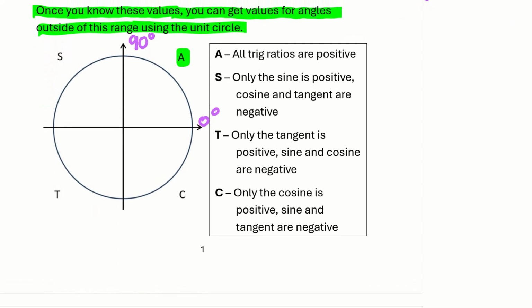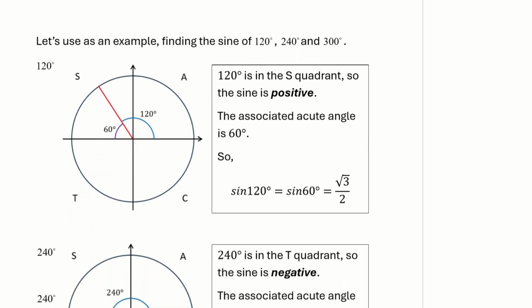When we get into the S quadrant, that's between 90 and 180, the sine is positive, but the cosine and the tangent are negative. Between 180 and 270, the tangent is positive, the sine and the cosine are negative. And then between 270 and 360, we have the cosine only as positive. Tan and sine are negative.